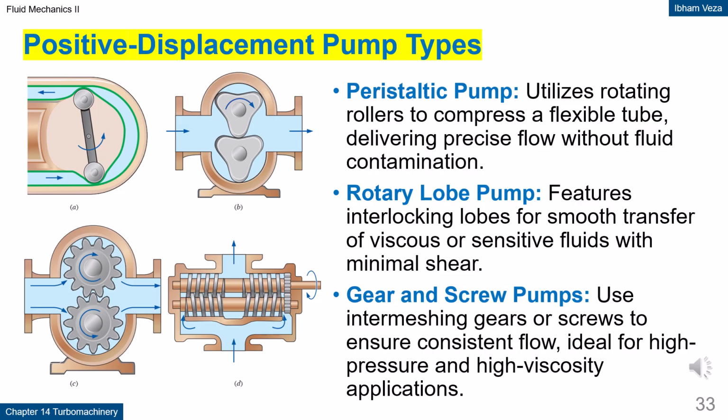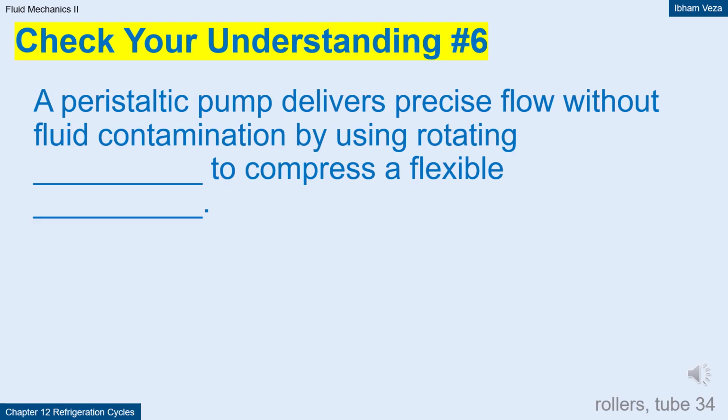These types are well suited for viscous fluids or high-precision applications. The basic principle is to move a fixed volume every cycle. A peristaltic pump delivers precise flow without fluid contamination by using rotating rollers to compress a flexible tube.